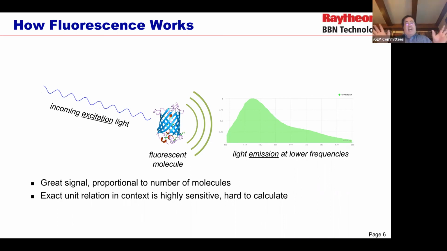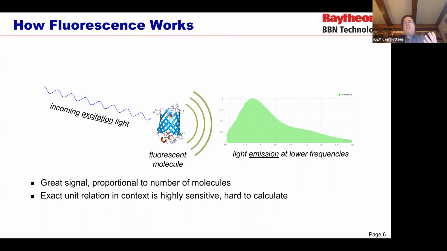This is a fantastic signal to work with from inspecting what's going on inside of your cells. It's extremely sensitive. It's closely proportional to the number of molecules, very well behaved, except the exact unit relationship is extremely sensitive to context and hard to calculate from first principles.